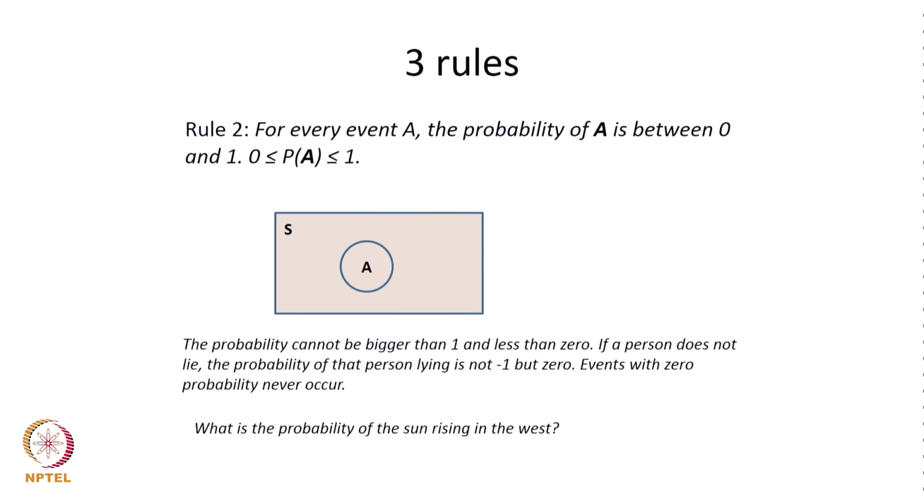Sometimes we say this, if a person does not lie, then we say the probability of that person lying is -1. In a conversation we say that to stress the point that this person will not lie at all. Or if someone says what is the probability of the sun rising in the east, then sometimes we say 1.1, saying that it is simply that the sun will not rise in any other direction.